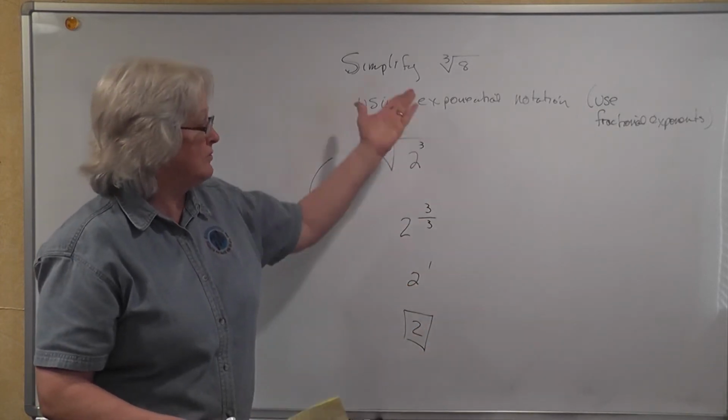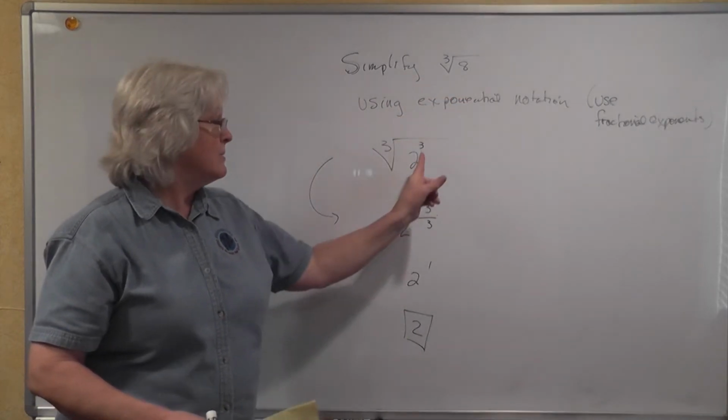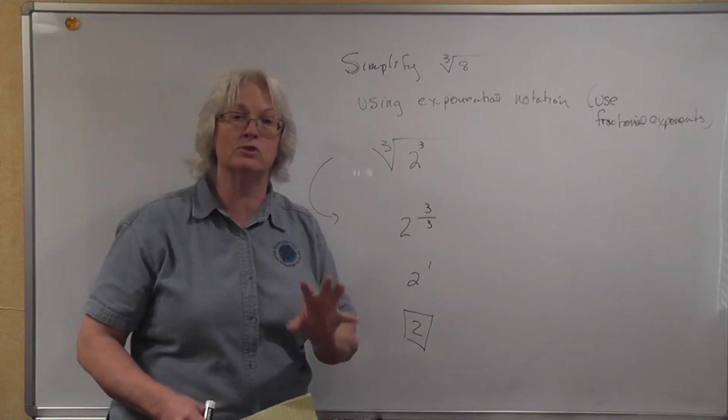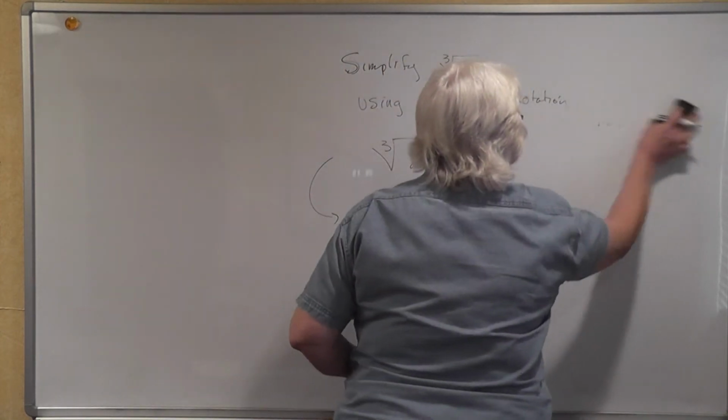And of course, the cube root of 8 is 2. At this point, you know that, but this is a way that they want you to verify and show that you understand how to use fractional exponents.